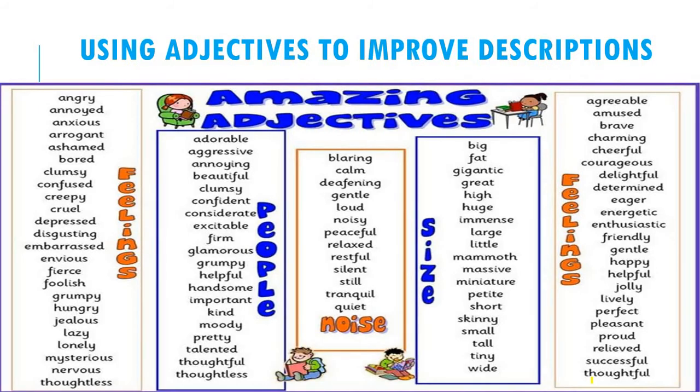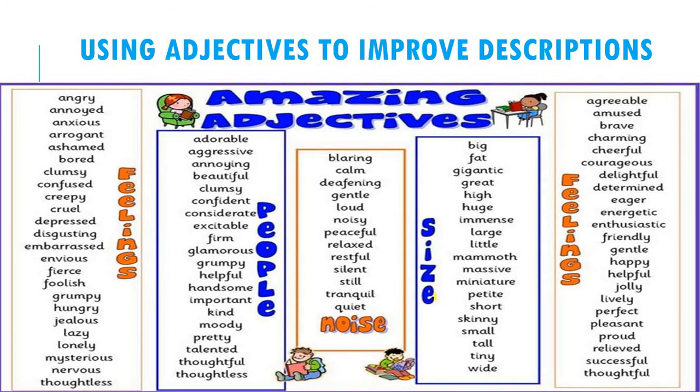So here are some adjectives that you can use to improve your writing. Remember that there are different kinds of adjectives that provide different kinds of descriptions. We look at adjectives that provide information about feelings here. Adjectives that can be used to describe people, noise, and size.